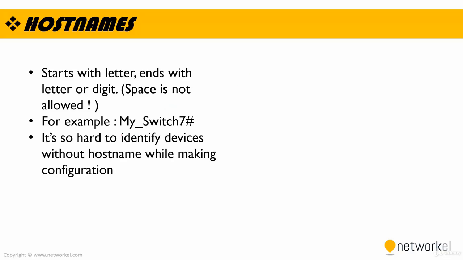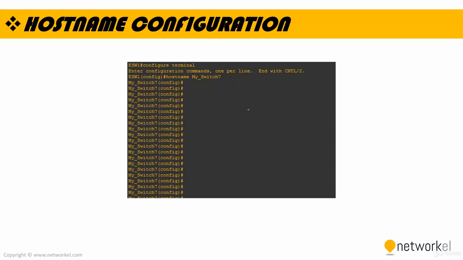For example, you can use a host name like myswitch7. It's okay, but you cannot use something like my space switch dot. You cannot get myswitch7 by using a space between the characters.